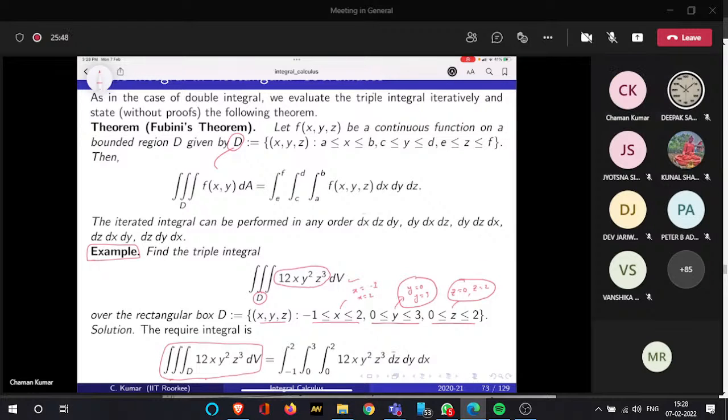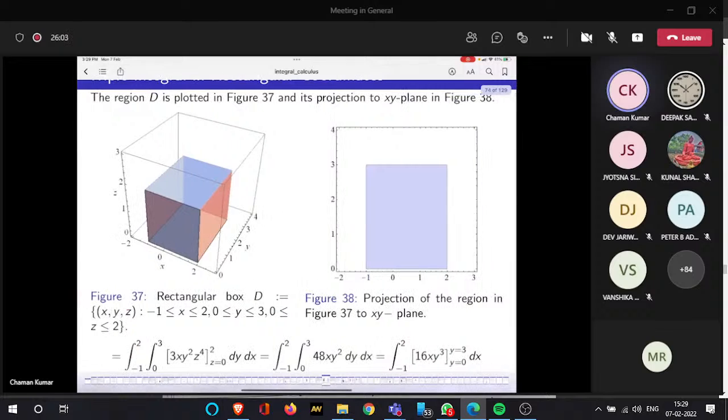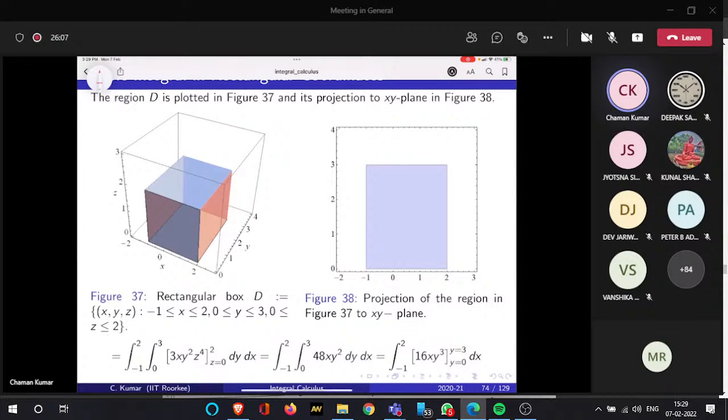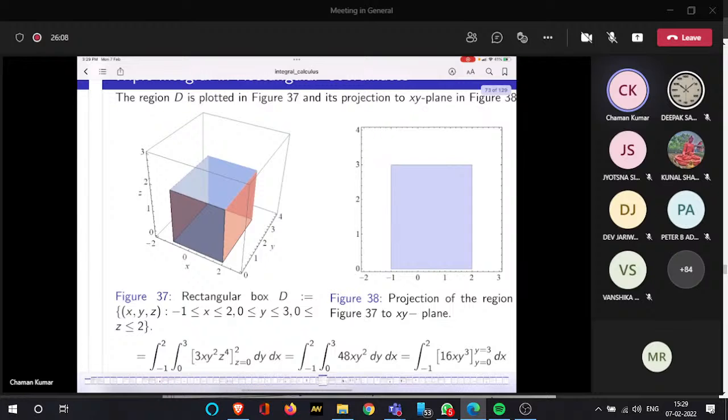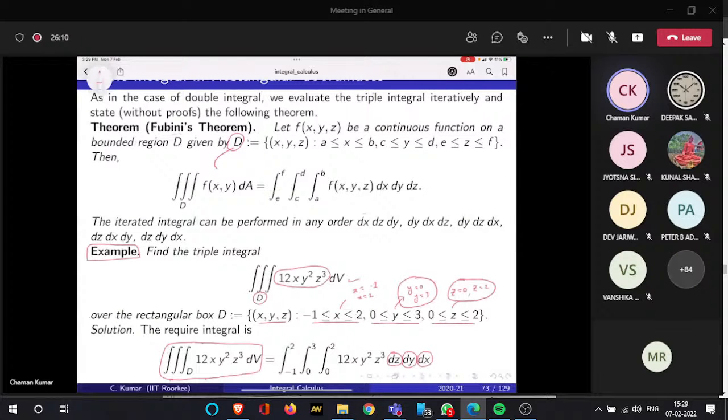So here the order we have used is with respect to z first, then y, and then x. When you do the integration with respect to the variable z, that means the first integral, when you evaluate this, you keep x and y as constant.